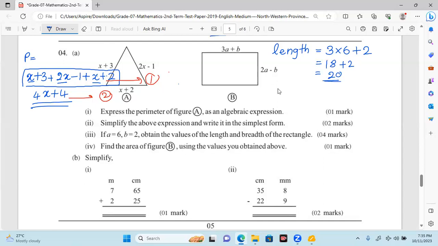Okay. Breadth is equal to 2 into a, which is 6, subtract b, which is 2. 2 into 6, it's 12. Subtract 2. The answer is 10.